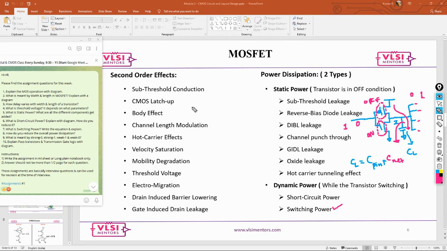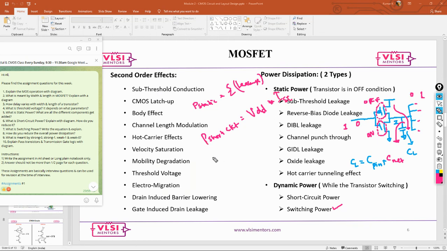So overall power we talked about: P static, you guys know, all the leakage components. P short circuit, which is basically your VDD into ISC, the short circuit current.